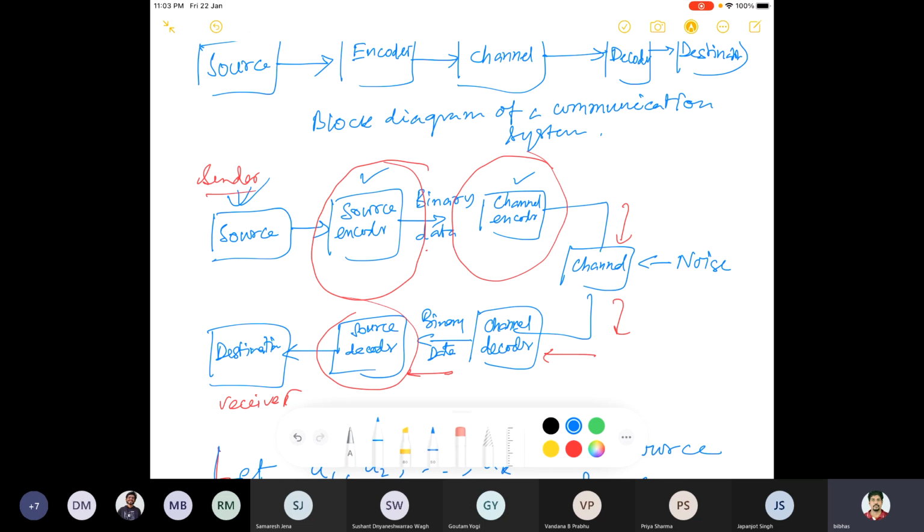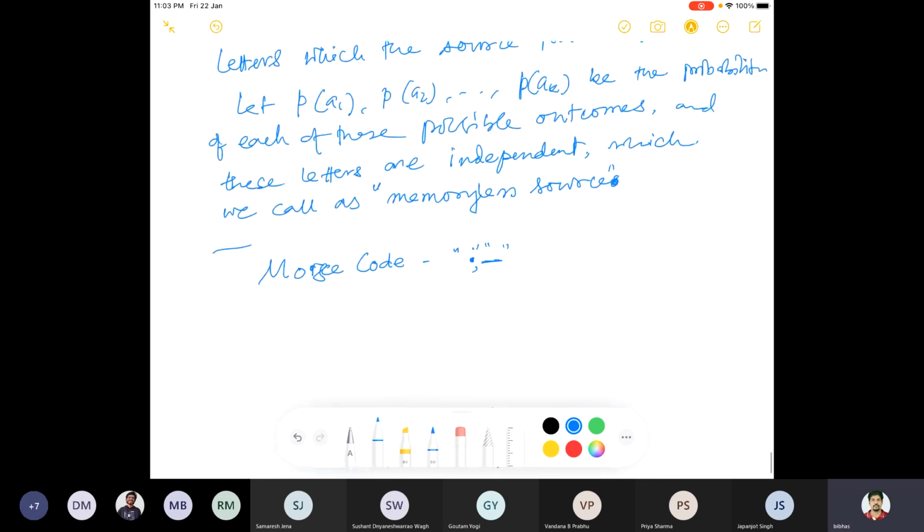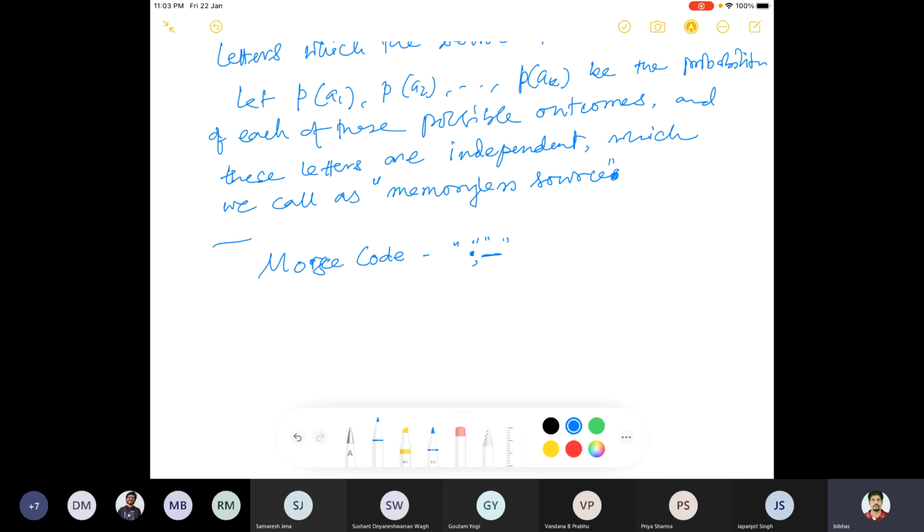For example, in Morse code, he used small length code words for commonly occurring letters and large length code words for the letters which do not occur commonly, or occur less. First of all, now I'll define what a code and a code word are.